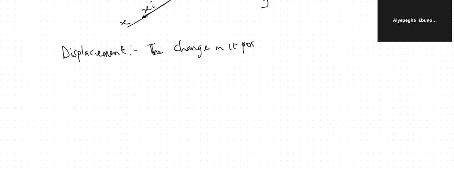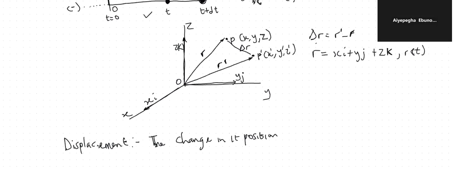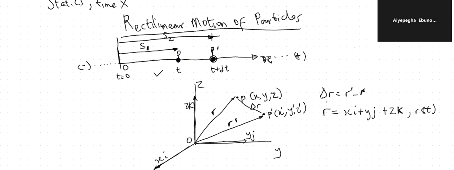So let's refer back to the particle that we used the other time. You can see that for this diagram here, when this particle P was at the final position, we call it S2. When it was at the initial position, we call it S1.